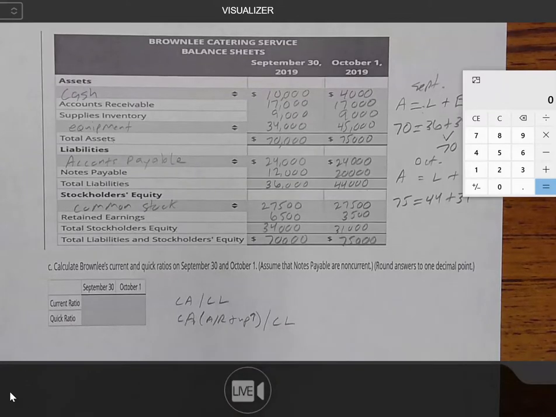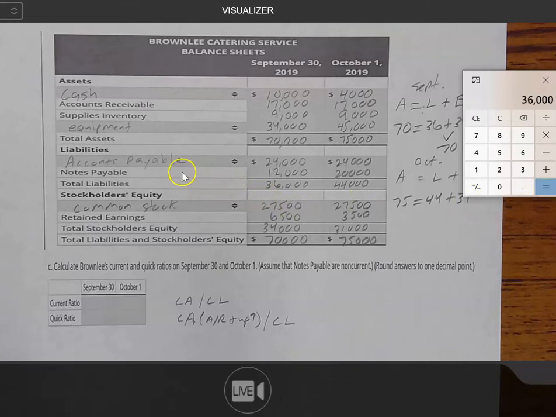So let's take a look at what we have here. We have total assets of $70,000 at September 30th. However, this $34,000 in equipment won't count. So we've got $10,000 plus $17,000 plus $9,000 in supplies inventory, and that's going to give us $36,000.